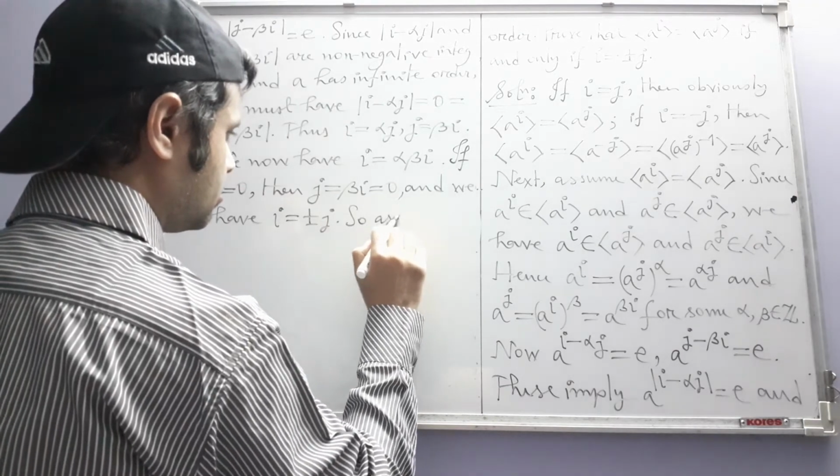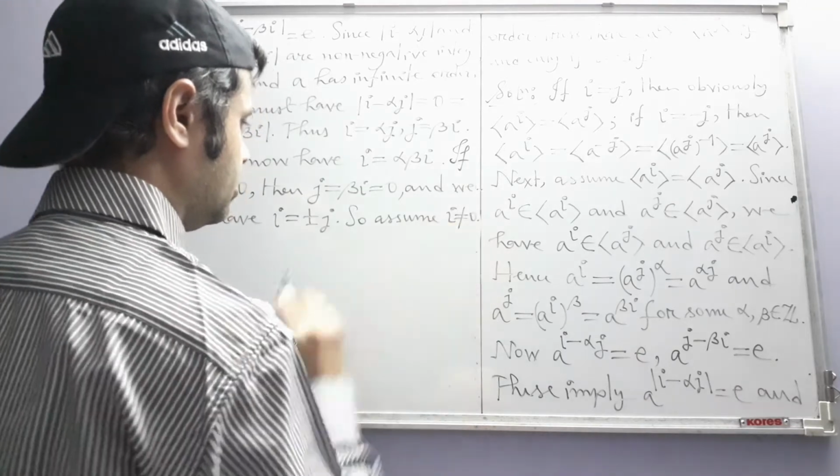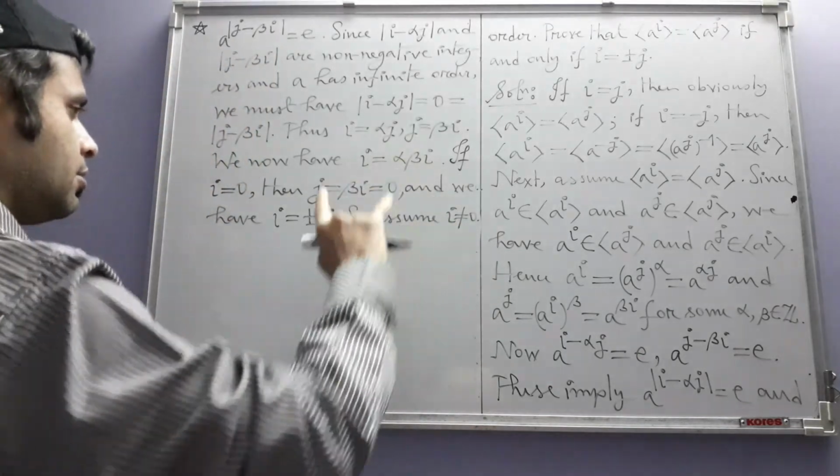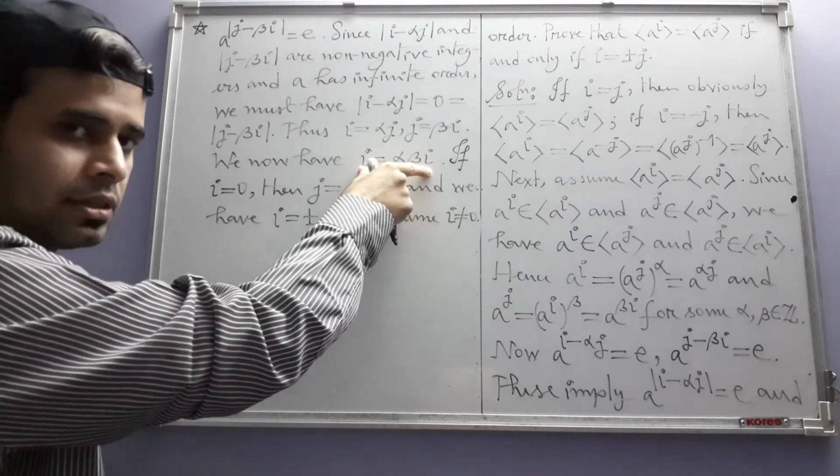So assume i is not equal to 0. Then under this assumption, we can cancel i from both sides of this equation.